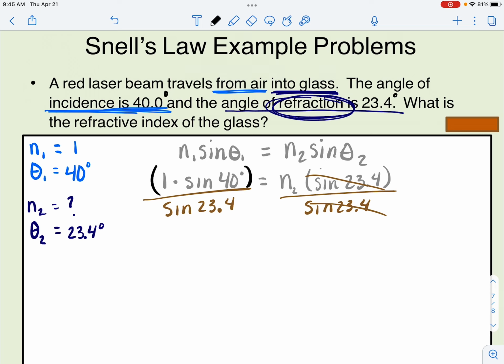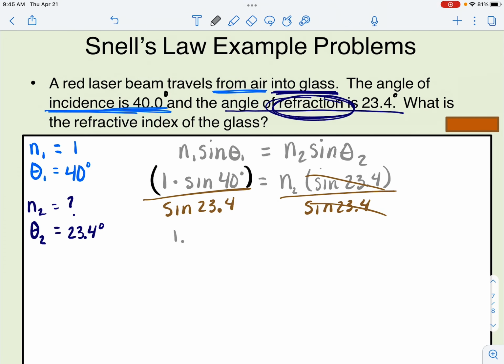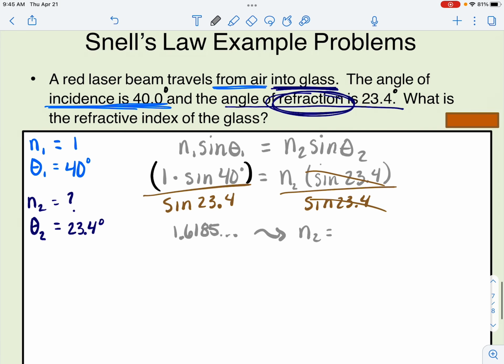And so when I do that, the sine of 40 divided by the sine of 23.4 gives me a value of 1.6185, blah, blah, blah. So we look back at our givens, and we're going to say N2 has a value of 1.62.